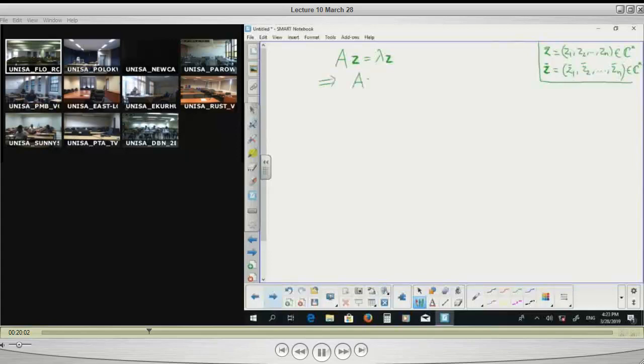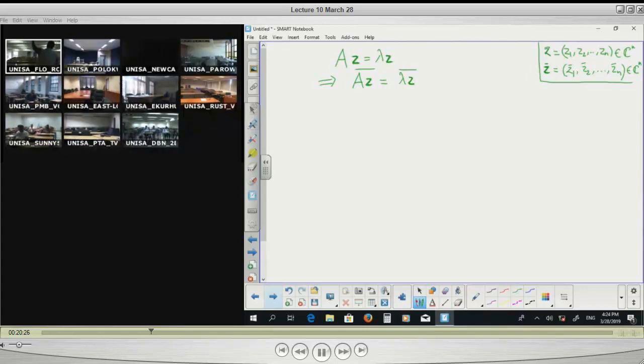Using this definition, let's look into Az. How do I get the first entry of Az?